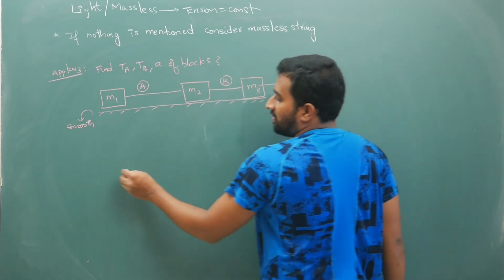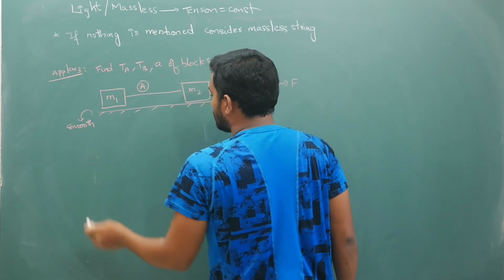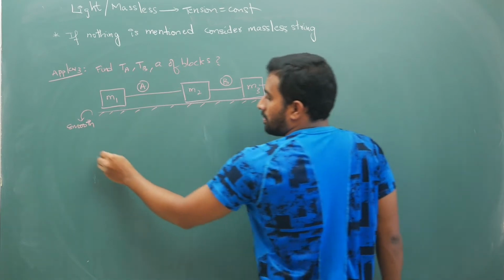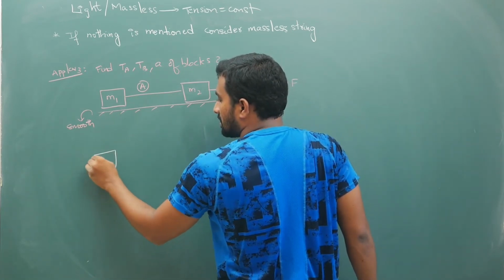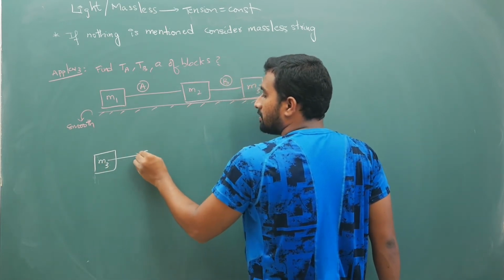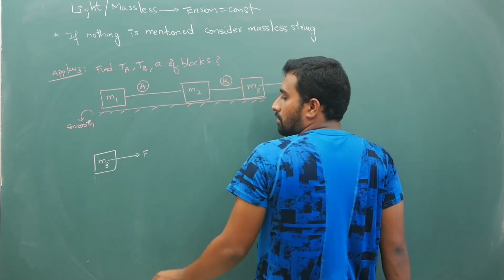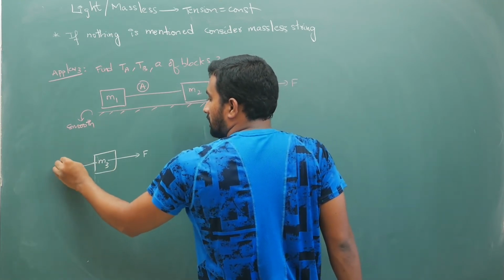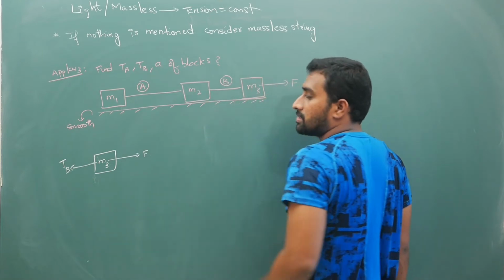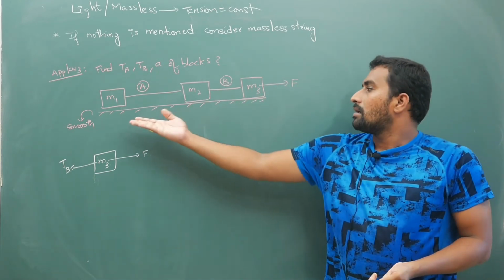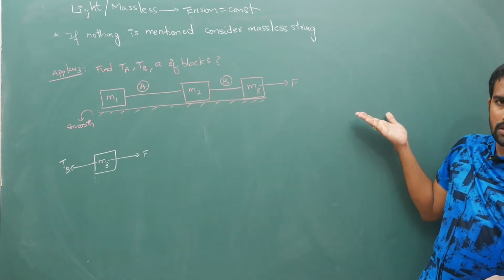So now first I will take the FBD of M3. On M3, towards the right you have force F, and then you have tension TB acting this way. The vertical direction is not required because I am applying the forces in the horizontal direction.